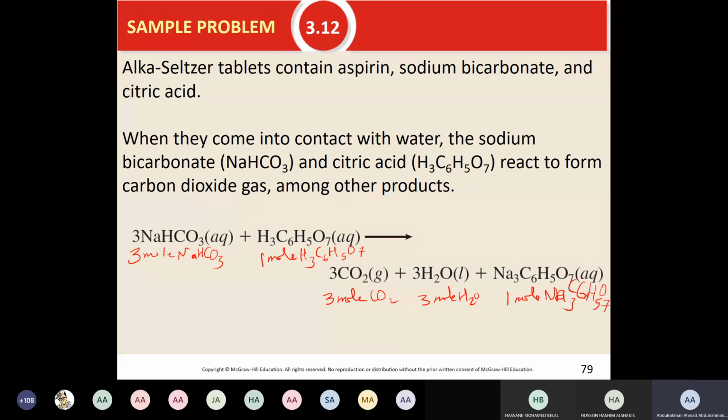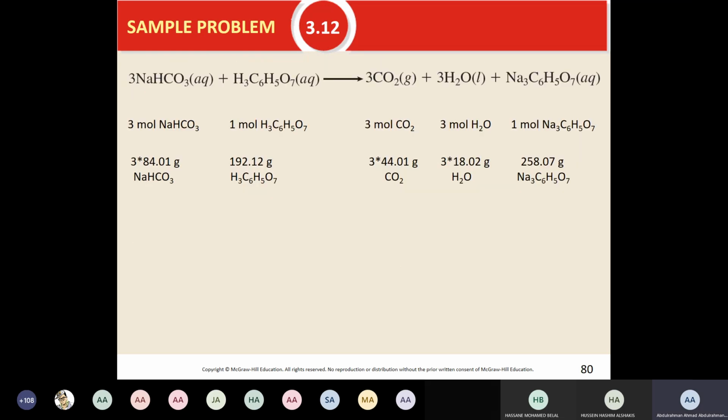That's the very first thing. What's the next step? The mass of everything. So I should multiply 3 times the mass of NaHCO3, 84.01 gram NaHCO3.